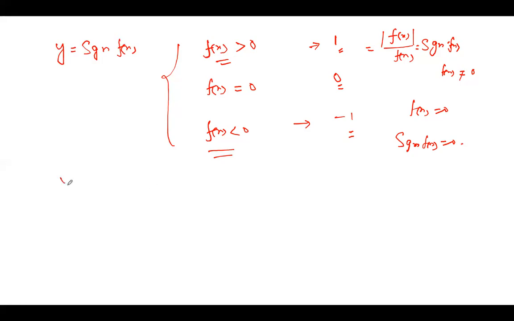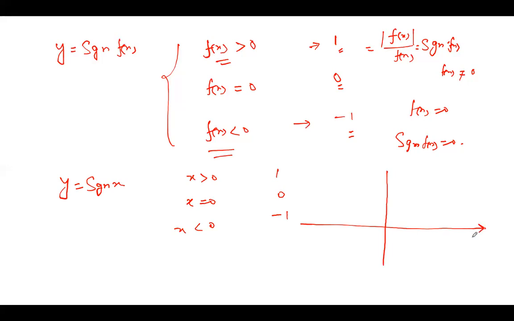If I'm drawing the graph of y = sgn(x), then for x greater than 0, the graph will be 1. For x equal to 0, this will be 0. For x less than 0, it will be -1. So the simple graph will go like this. This is the axis.